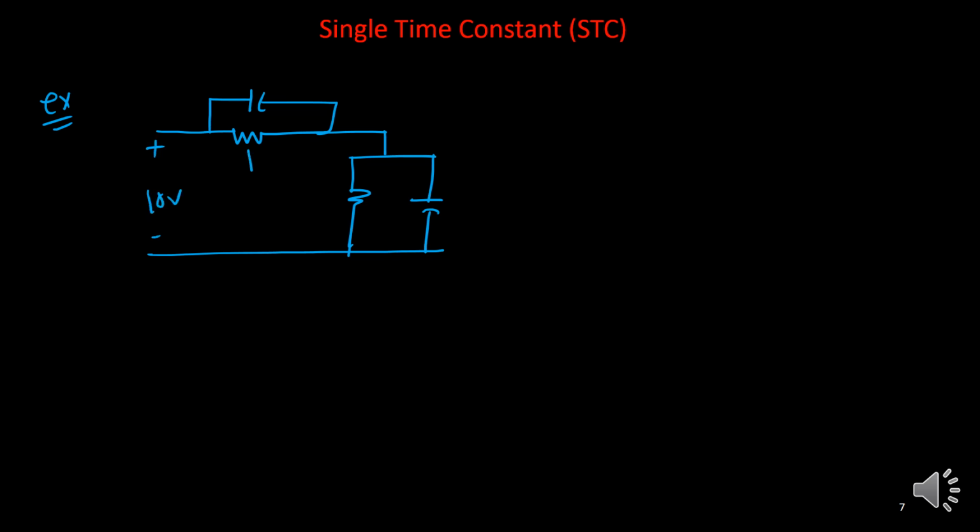This is one resistance R1, it is C1, it is R2, it is C2. This network, is it a single time constant network? Of course, it is a single time constant.